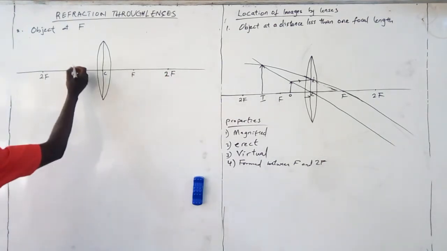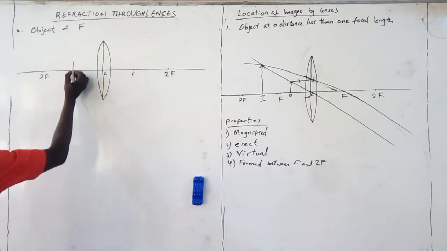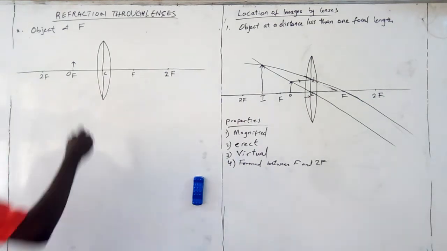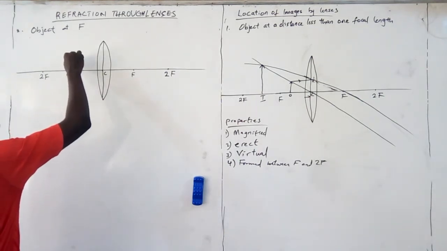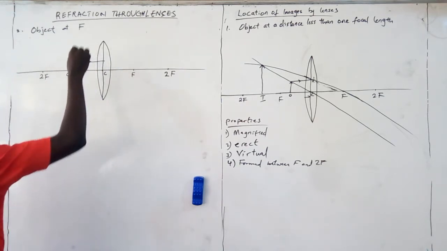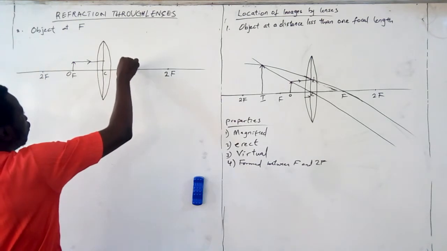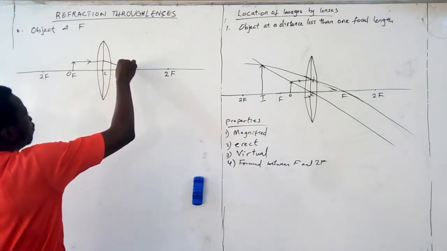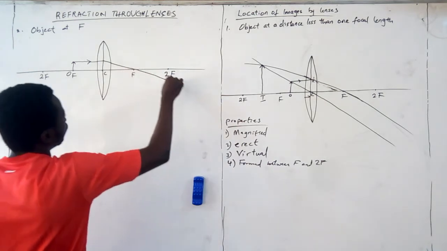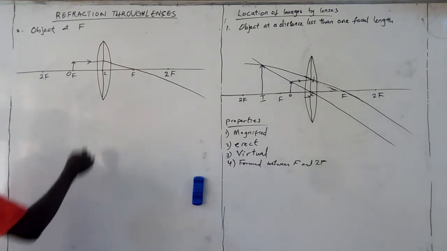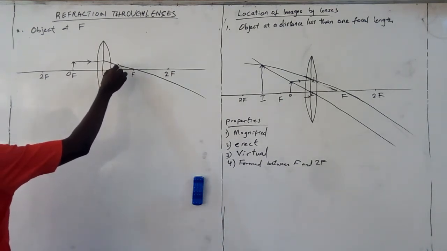So we said the object is placed at F. So rays of light will pass through this way, then it will fall on the focal point. So we have it this way.